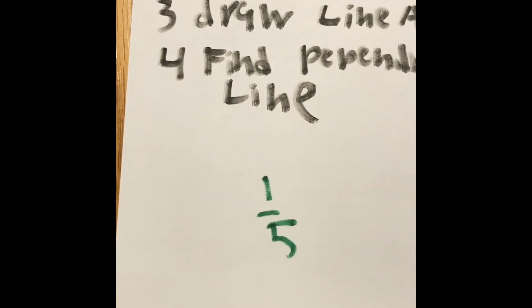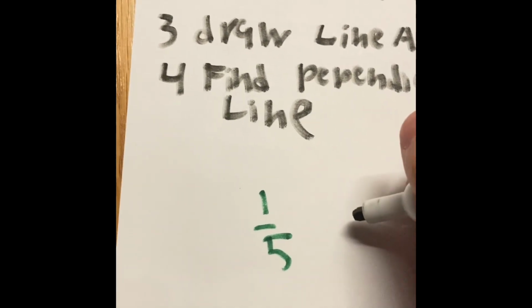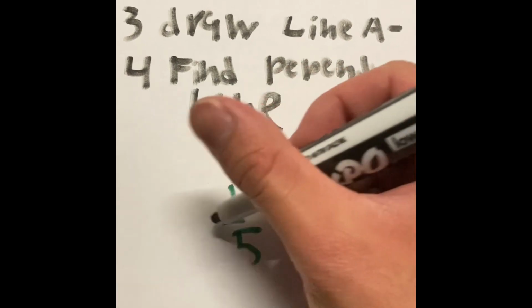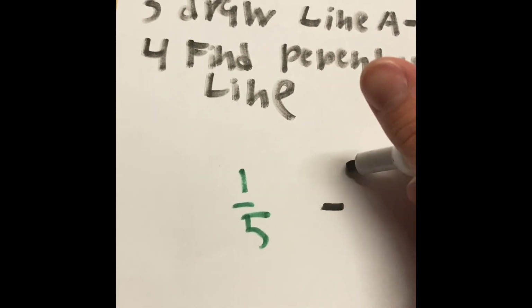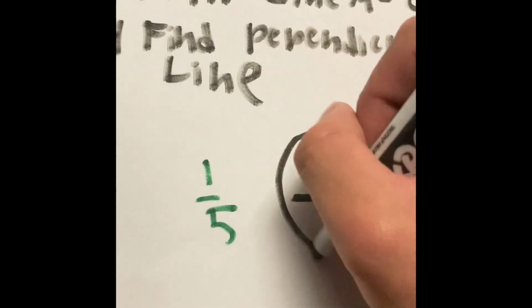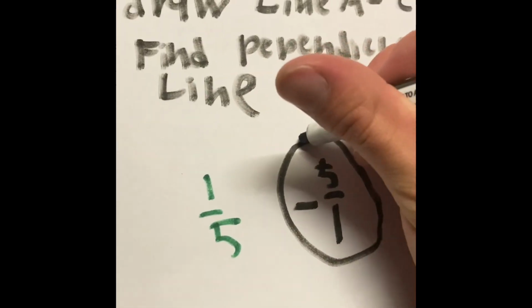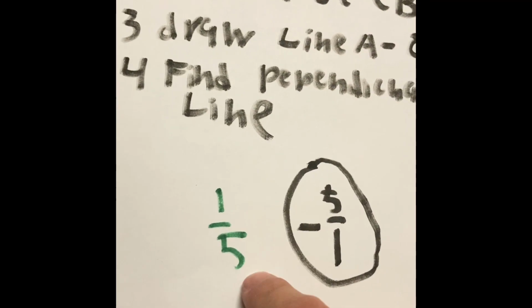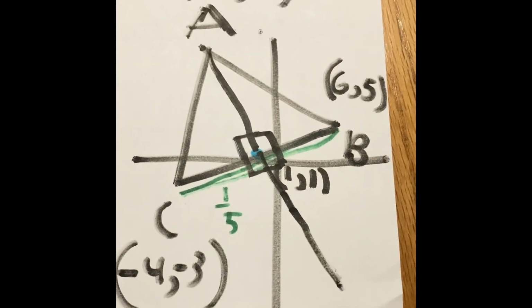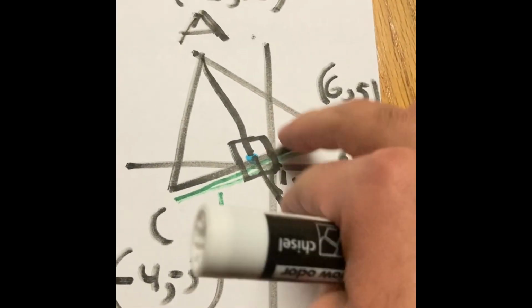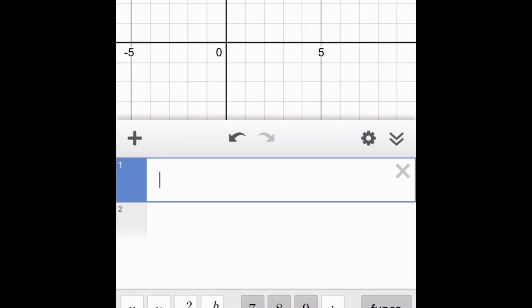But in order to find a perpendicular line, we have to take the opposite reciprocal of that, which is -5/4. So that would be the slope of a perpendicular line that is going to cross the first line, slicing through at 90 degrees. Let's use a graph to see the two slopes in play.